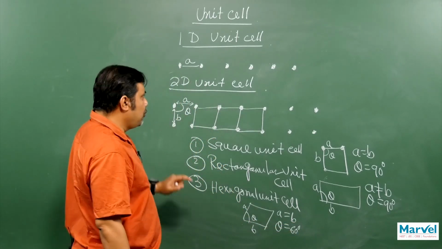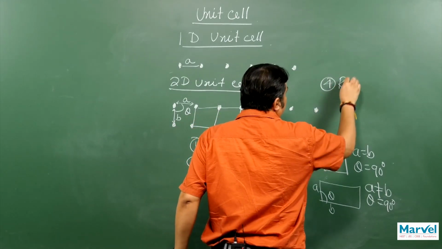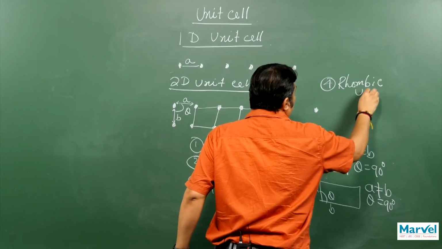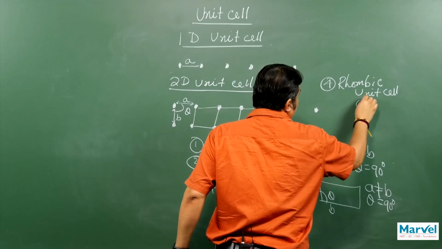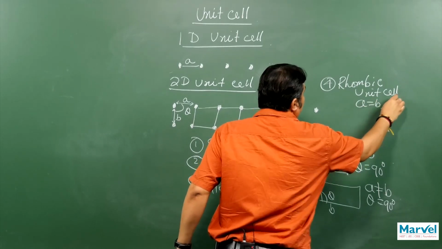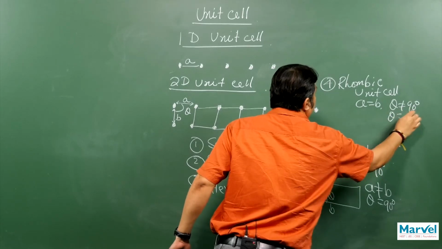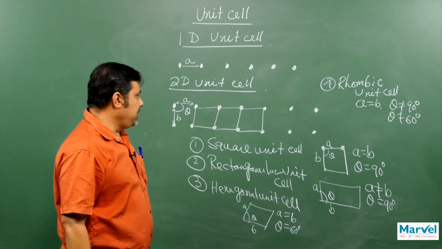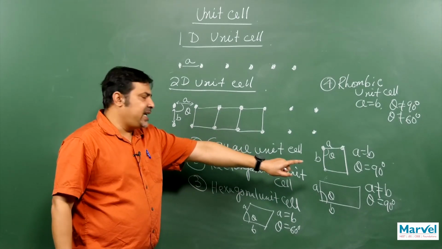Now the fourth one is the rhombic unit cell. In a rhombic unit cell, A equals B, but theta is not equal to 90 and not equal to 60. So in a square unit cell, A equals B, theta equals 90.